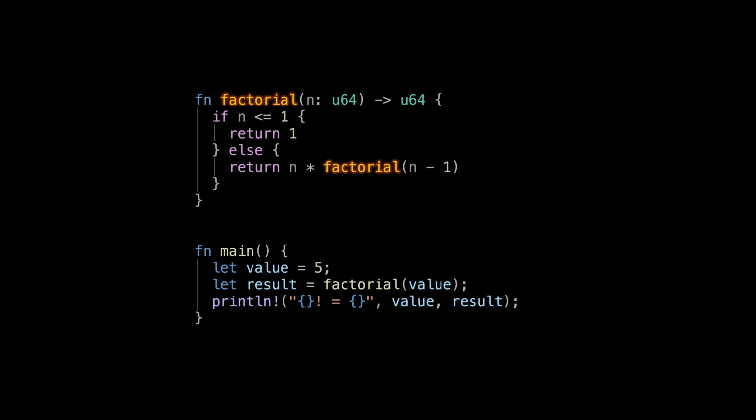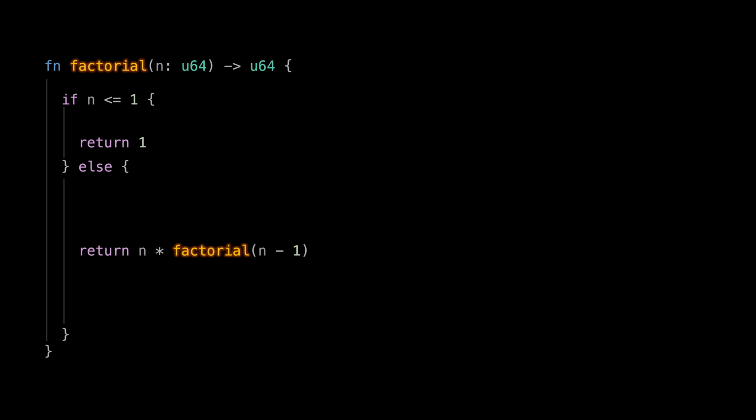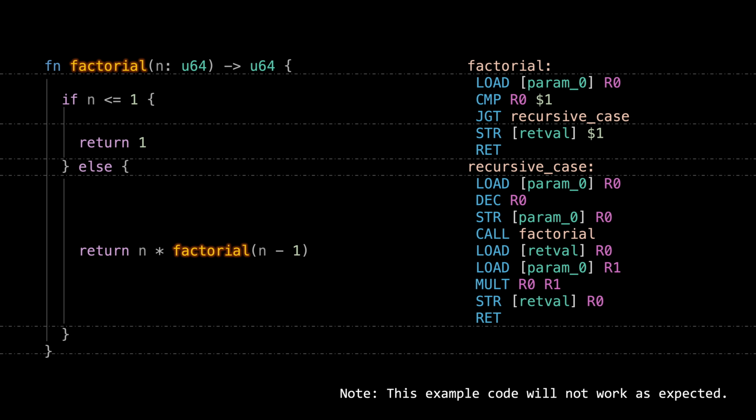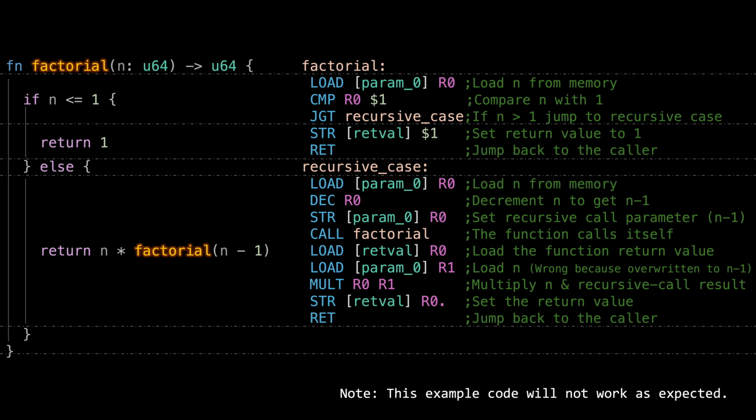The interesting part is that, to make recursion work, the compiler must not only ensure functions jump and return correctly as we learned in this video, but also generate code so that each recursive call doesn't overwrite the variables from previous call levels. In the example shown here, the program won't behave as expected because the memory location used to pass variables is hard-coded. Every time the function makes a recursive call, it overwrites its own parameter while trying to pass the argument to the next call.